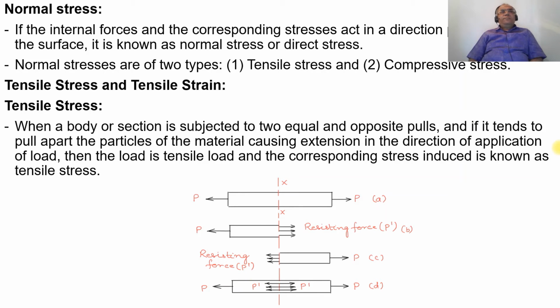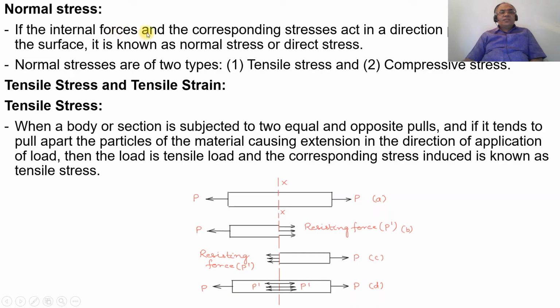Now we are going to take up the first one, the normal stress. If the internal forces and the corresponding stresses act in a direction perpendicular to the surface, it is known as normal stress or direct stress.